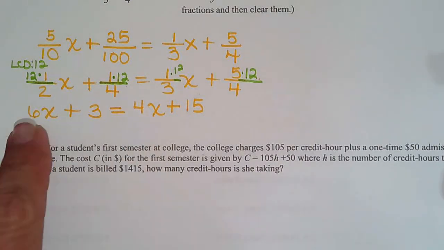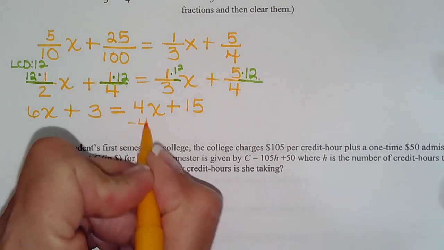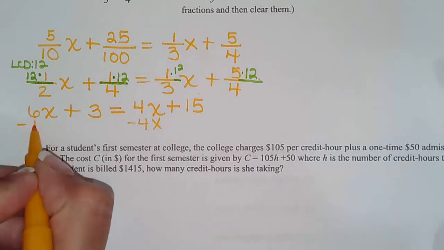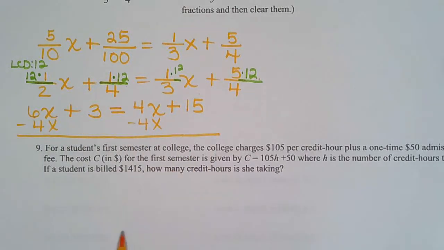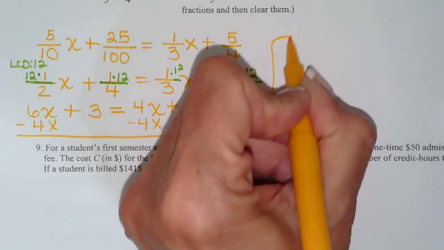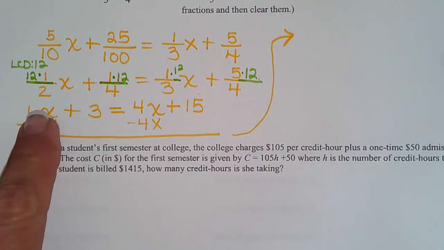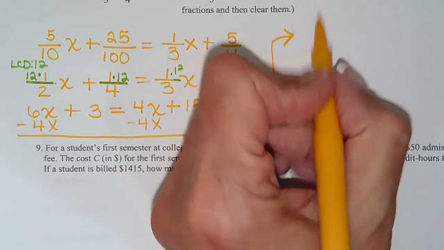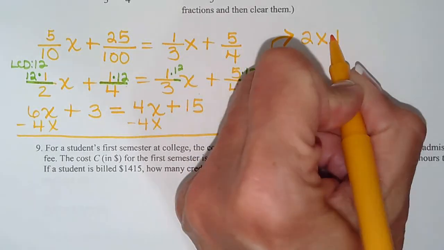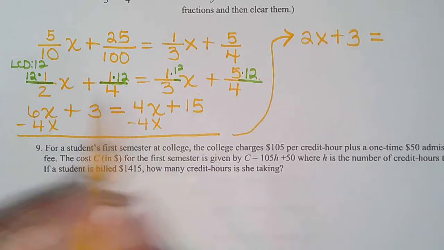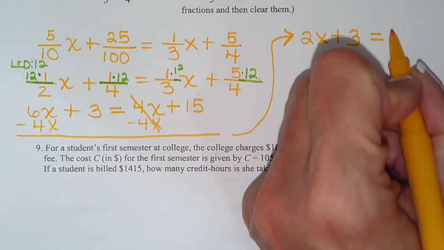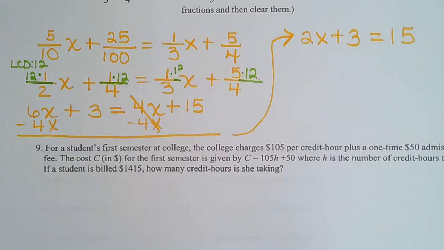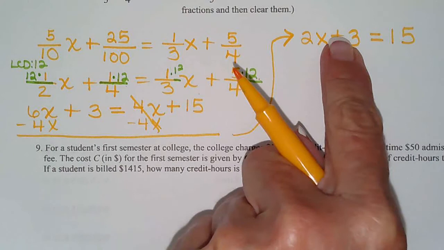So I need all my x's to the left. So subtract 4x, subtract 4x. And that leaves me with 2x plus 3 equals, so those are going to be gone, and 15. So anything without an x now needs to move to the right.